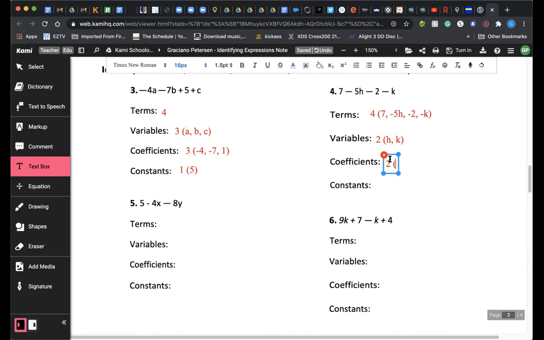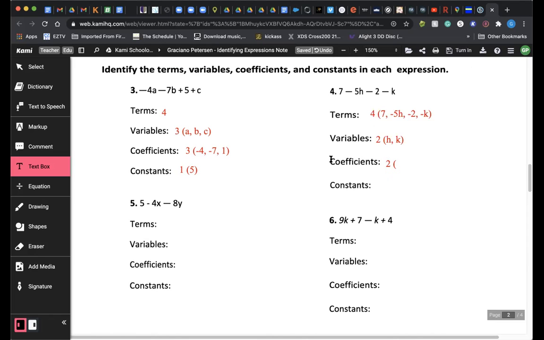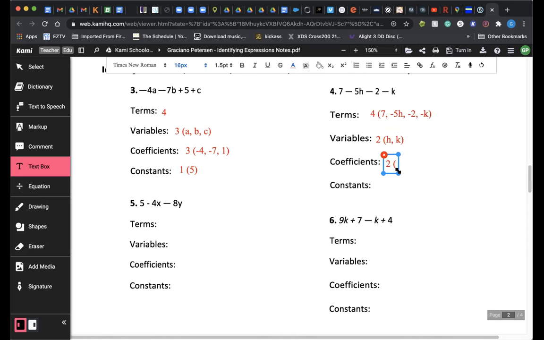All right, so for my coefficients, your coefficients are the numbers in front of your variable. So what's the number in front of my variable H? Negative 5. And what's the number in front of K? 2?